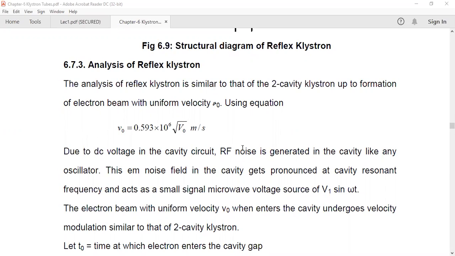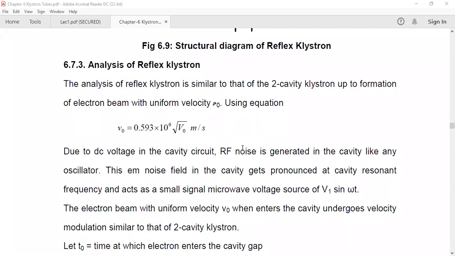Once you know the output power, the efficiency is output power by input power. Input power we already know is the DC power, I naught into V naught, where V naught is the voltage we apply to the cathode to generate the electron beam, and I naught is the current. So these are the four steps we need to concentrate on to calculate the efficiency of the reflex klystron as well as the two cavity klystron.